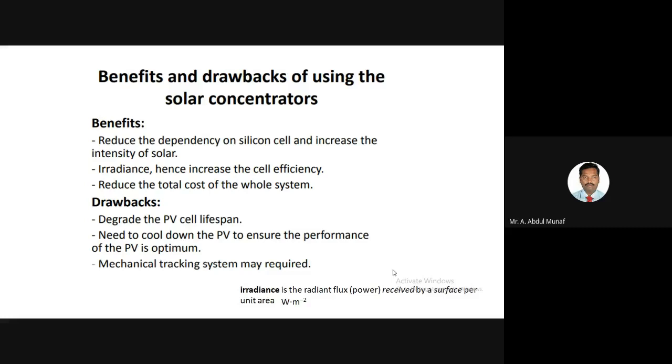அடுத்து செகண்ட் பாயிண்ட் irradiance, hence increase the cell efficiency. Irradiance என்னன்னு சொல்லிக்க பாருங்க.